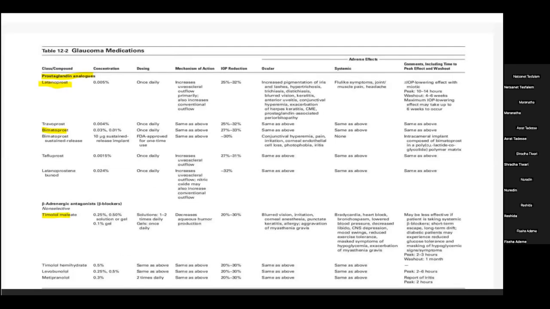So this table shows the anti-glaucoma medicines, and here we can see the side effects, the IOP reduction and mechanism of action. So I don't want to go into detail with this.